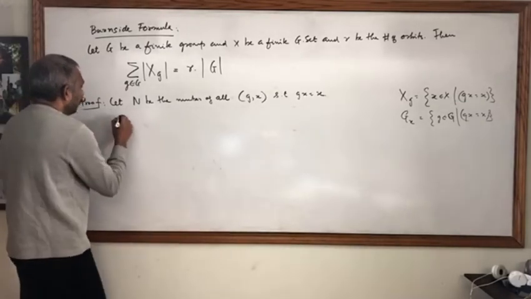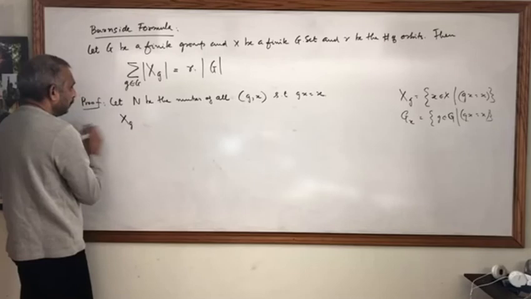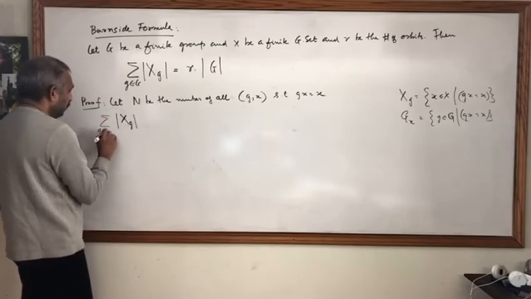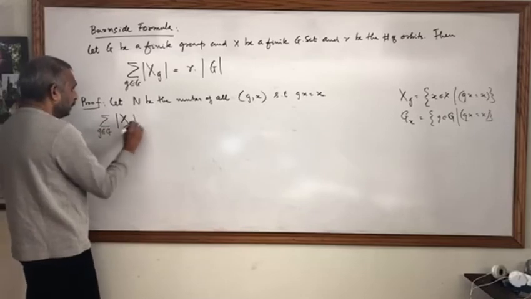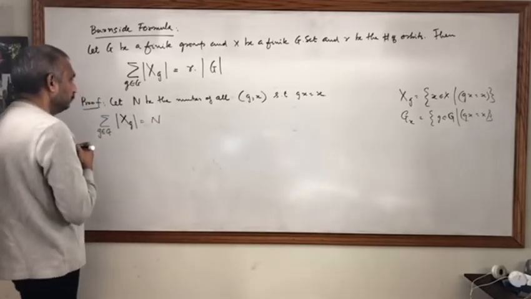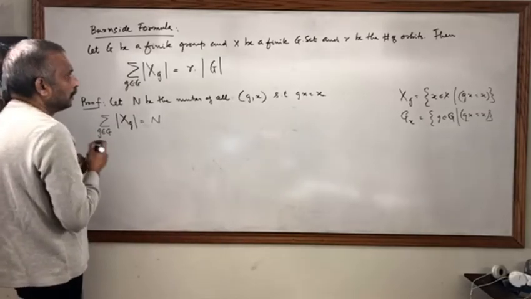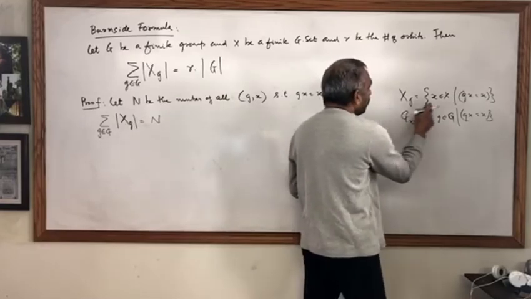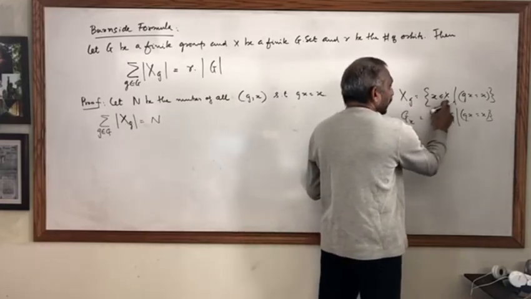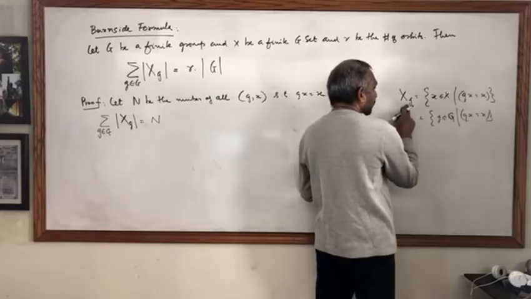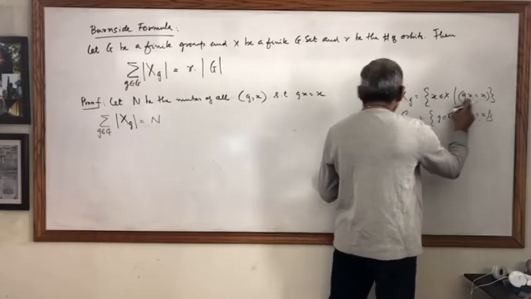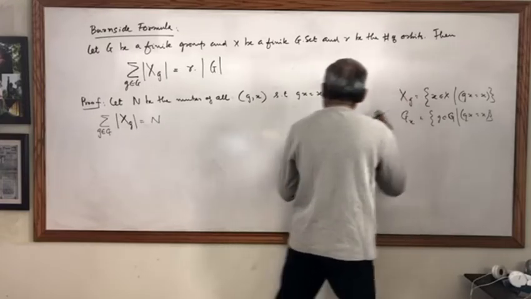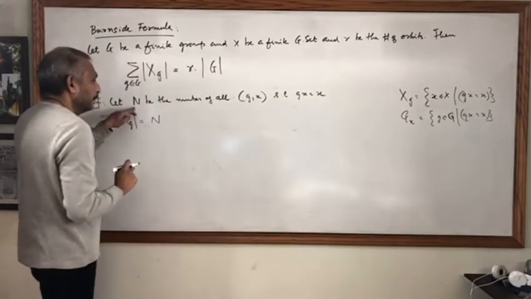So the sum of the cardinality of X_g as g varies in G must be equal to N. Because if you take one g, you get all the x. You take another g, you get another set of x, another condition like this. So you add the cardinalities of all these sets, you will get N.